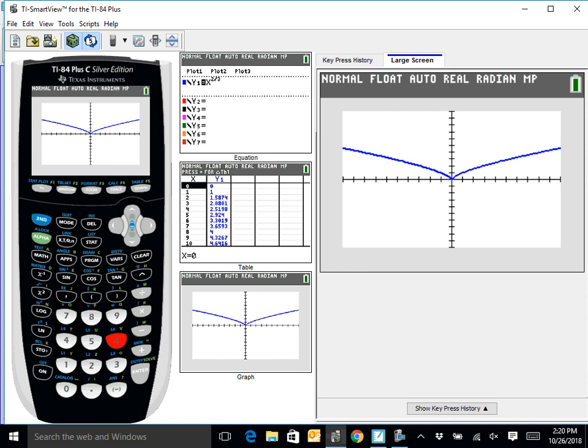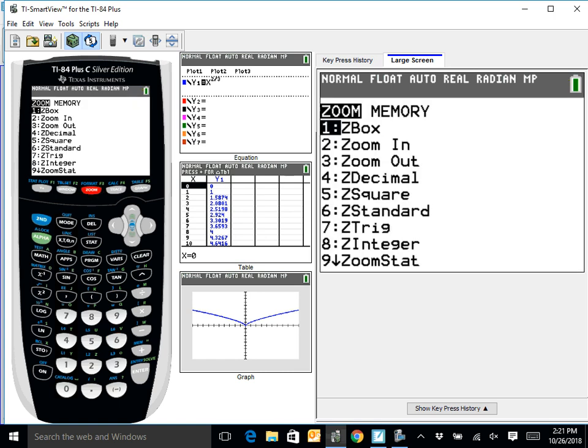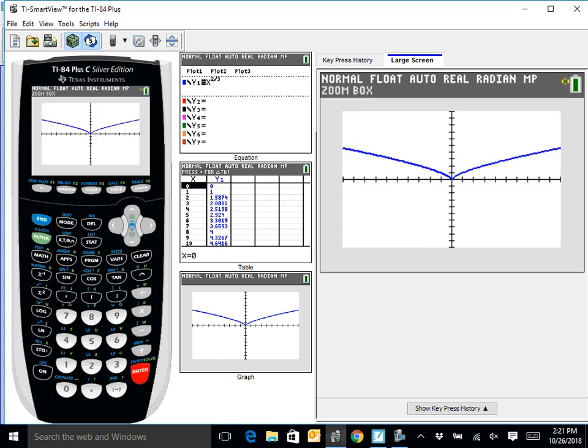So I'm going to do what's called a zoom box, number one. I'm going to put a box around the middle so I can zoom in really close and see what it looks like. Normally, I don't like to use the zoom features on my calculator for solving test problems, but they are good for exploring what things look like. So let's take a look up close. I'm going to box in that little area right around 0, 0.